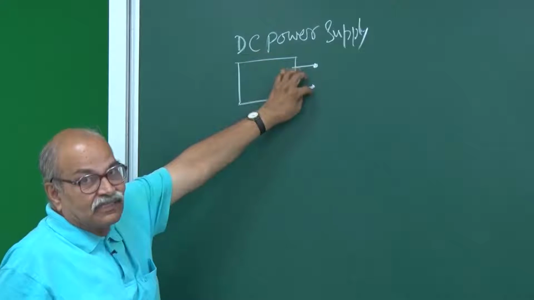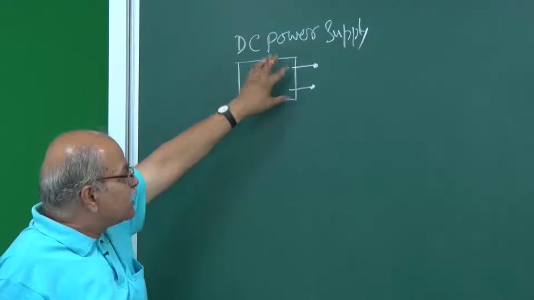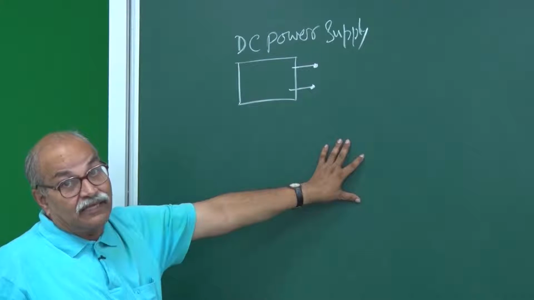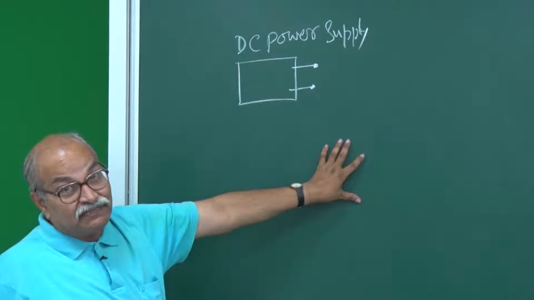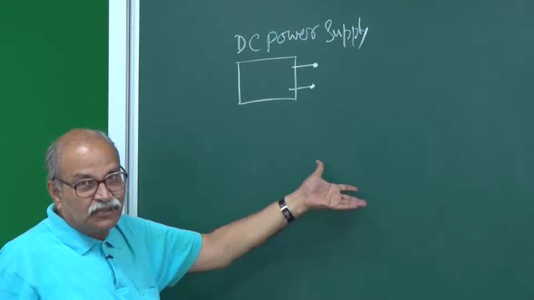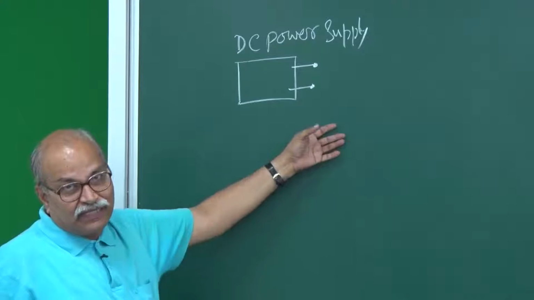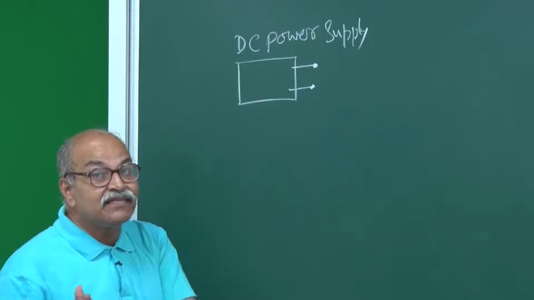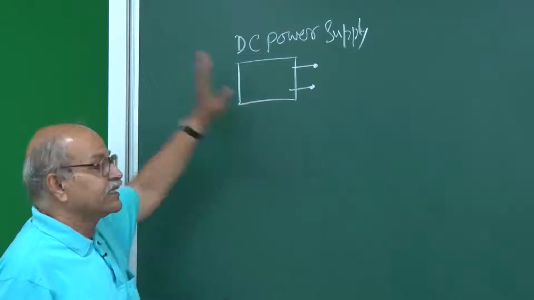There are some fluctuations. And if there are some fluctuations, my appliance may or may not accept that. It may be very sensitive. So that if it needs 5 volts, it needs 5 volts. It should not be 5.1 or 4.9. So that regulation, that stabilization can be done with Zener.